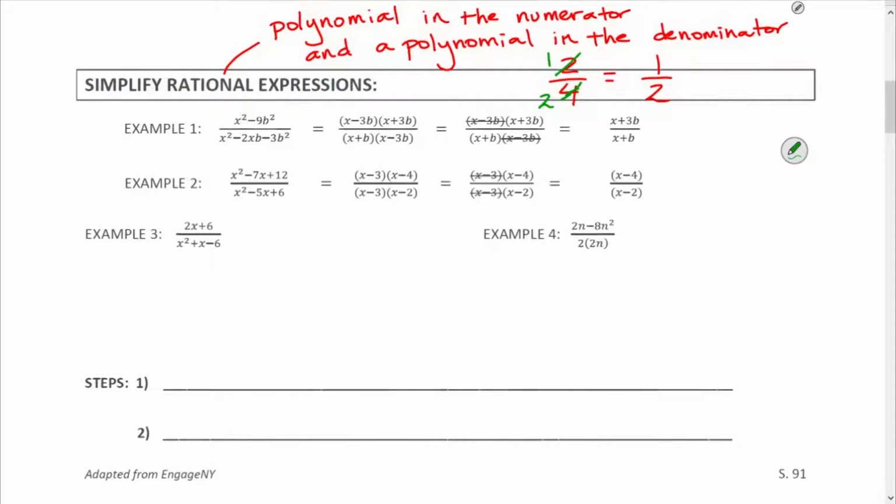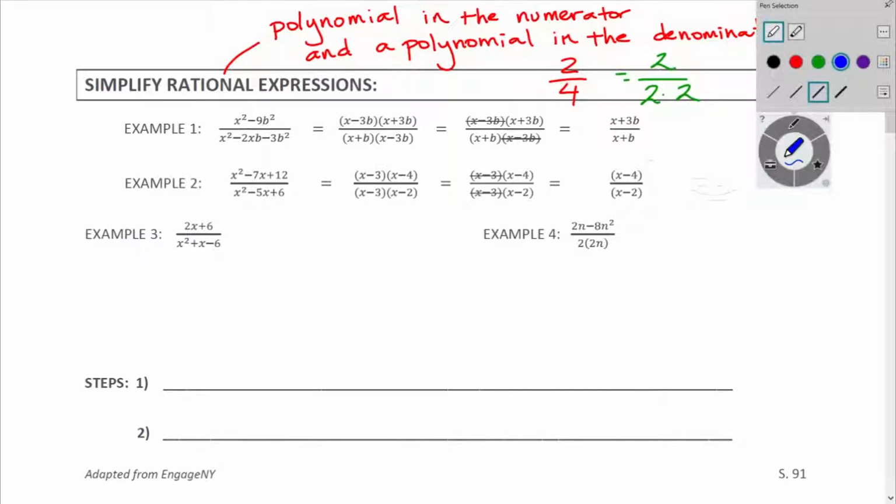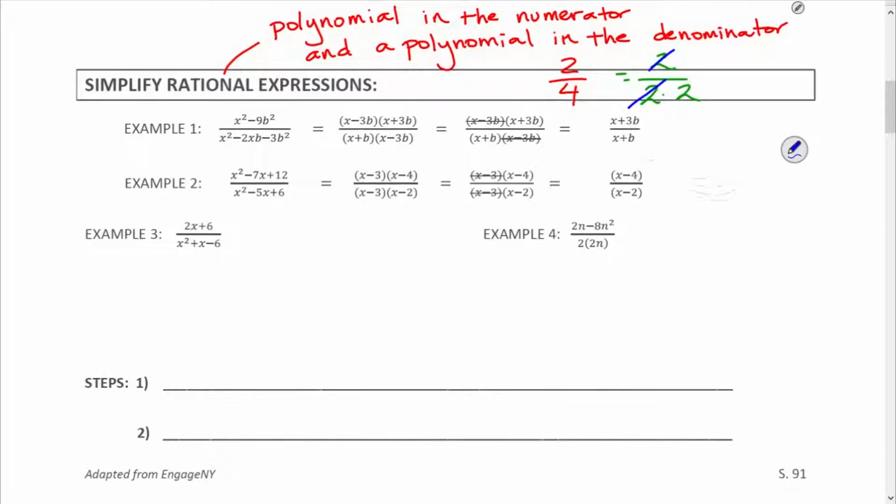So the way this process will look, instead of this cancel out method, is to write 2/4 as 2 and 4 as 2 times 2, so that I can clearly see my common factor of 2, and then I'm left with a 1 and a 2. That's what our process will look more like. I'm going to factor, and then I will cancel. So with that in mind, I have to factor first and then cancel common factors.